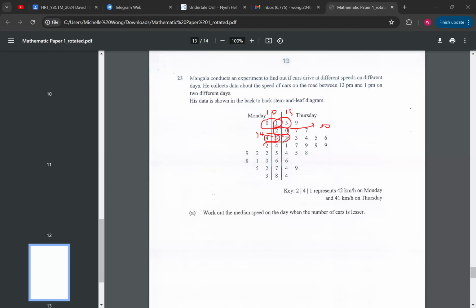Here's 24, here's 41, 25, and 45. Here's 60, here's 66, here's 47, here's 72, here's 83, and here's 84.